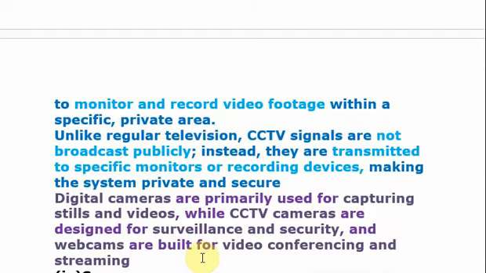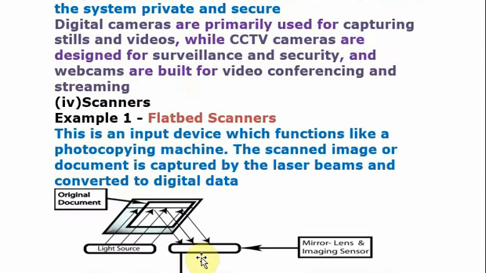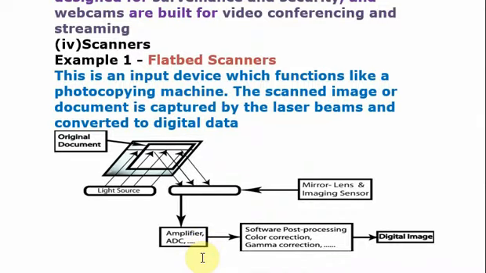Then scanners, there are different kinds of scanners. Scanners always use light. Once you place an image, the light source will emit light. According to the image, this will be reflected here. Then the analog to digital converter transfers these reflected light beams to an electrical signal.